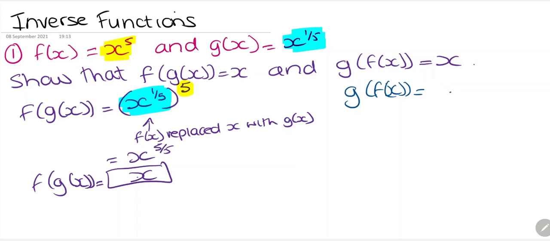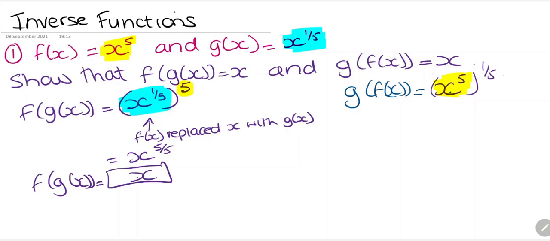So what we're going to do, look at the function g of x, which we have in blue, and we're going to replace the x with the f of x. So we've got x to the 5, which is the yellow, and we're going to replace this, to the power of a 5th, which is the g of x function.